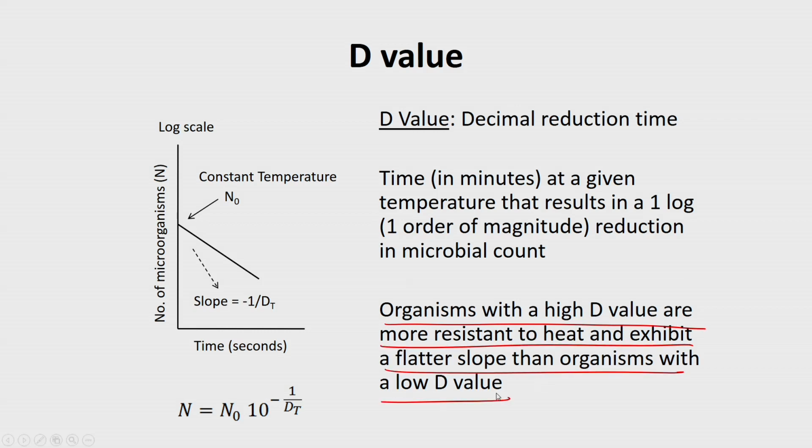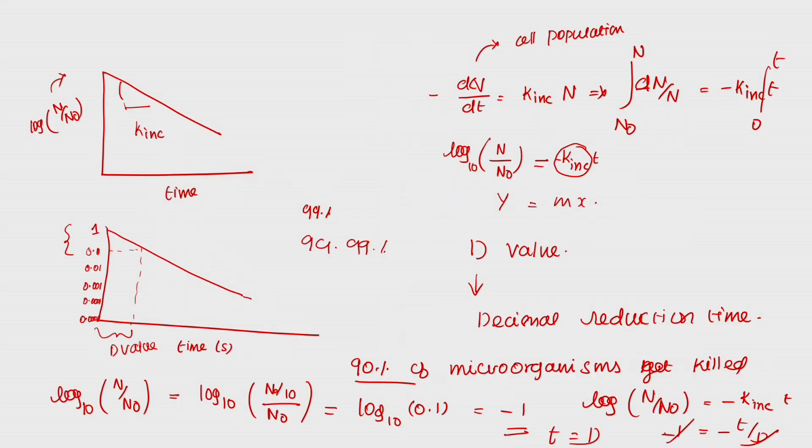Organisms with high D value are more resistant to heat and exhibit a flatter slope than organisms with lower D, right. If you are able to see what I have drawn, for example, if I have this flatter slope, what would I have for 1 log reduction? If I extend it, instead of this I will have, for 1 log reduction itself, this D value.